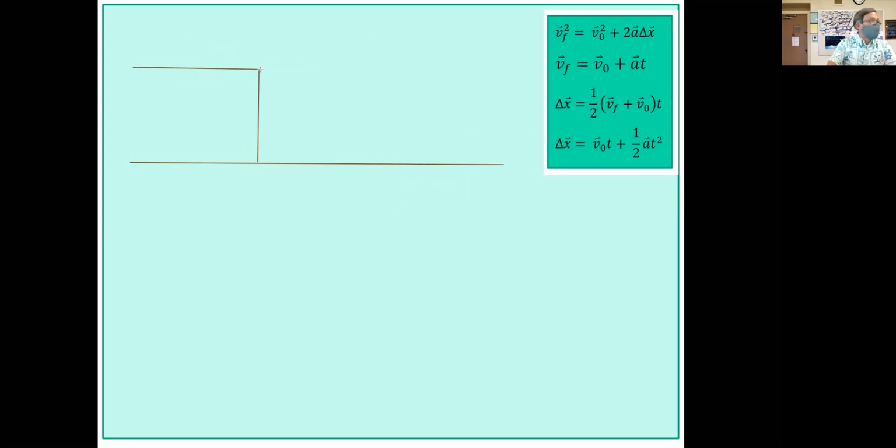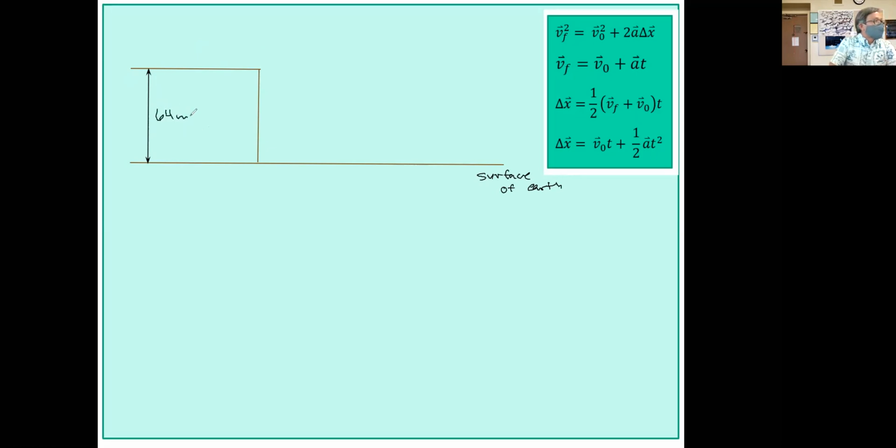There we have our cliff, our elevated platform. Here is the surface of the earth. Here is our elevated platform, or our cliff. We are told that this cliff is elevated off the surface of the earth by a distance of 64 meters.